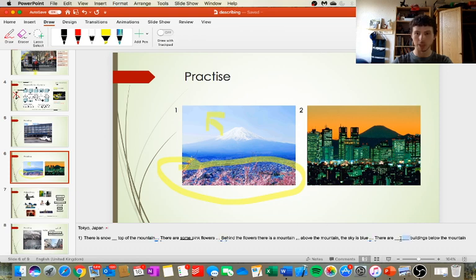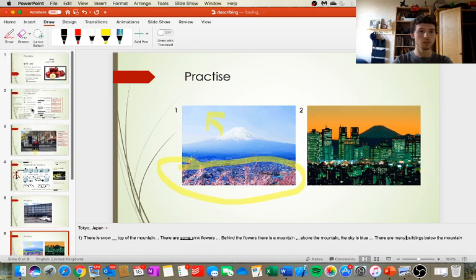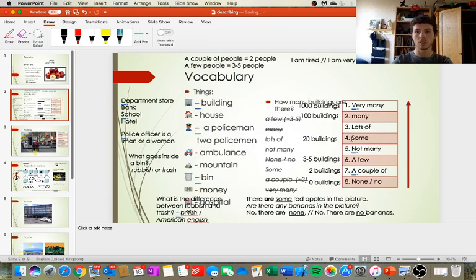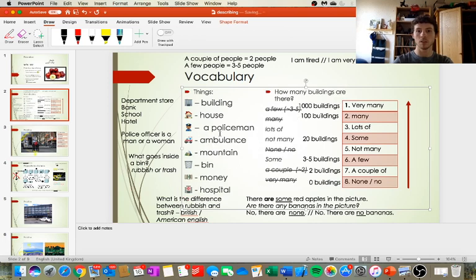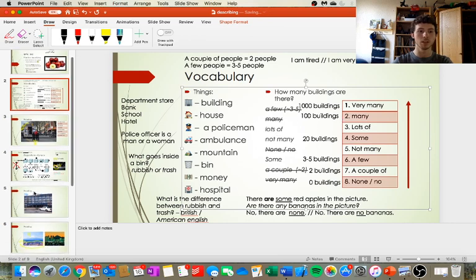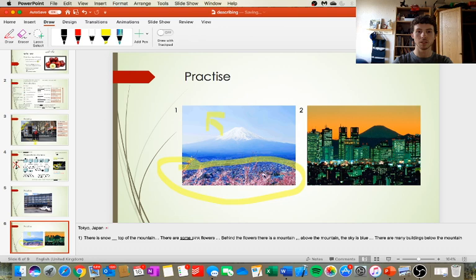So this should be many, right? So there are many buildings below the mountain. Many. Hundreds of buildings. Hundreds of buildings.